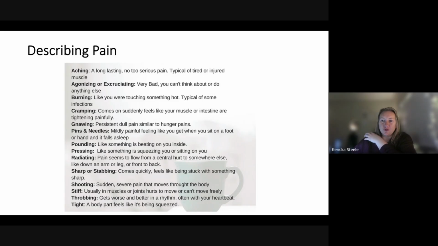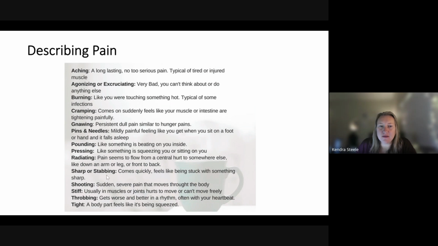Maybe I have shoulder pain, but now the pain is radiating down my arm. I can feel it in my hand. Maybe I have low back pain, but it is now radiating down my right leg, and my right leg feels that pain. Okay. So if the pain is traveling, moving, it is radiating.